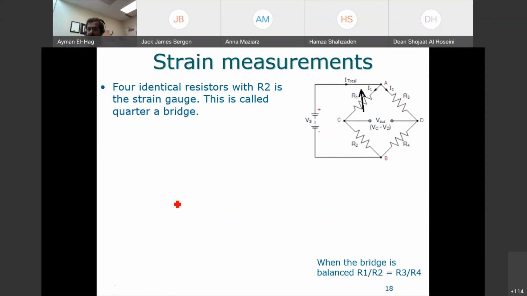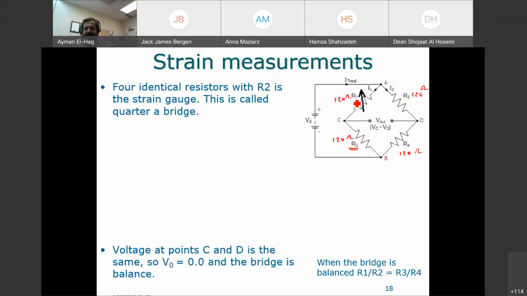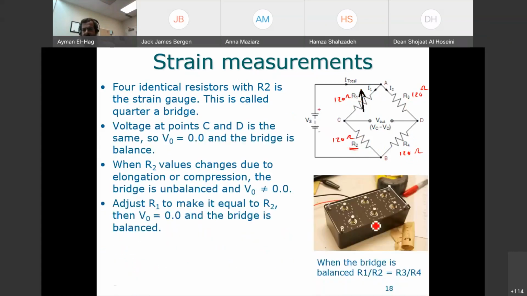So here we install a regular resistance of 120 ohm, another regular resistance of 120 ohm, and this is the strain gauge, 120 ohm. And this is a variable resistance, which we set to 120 ohm. With a variable resistance, you can adjust its value to a very finely tuned value.